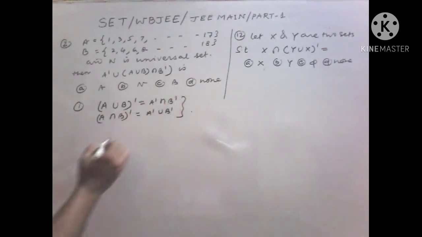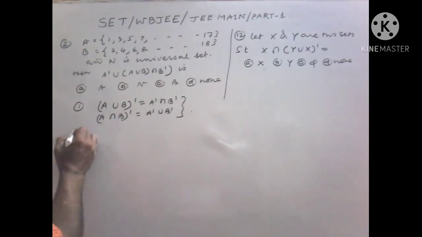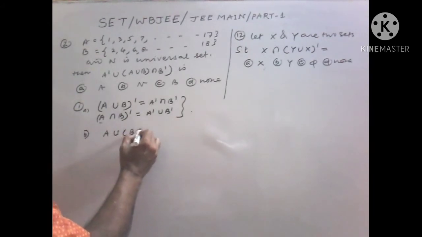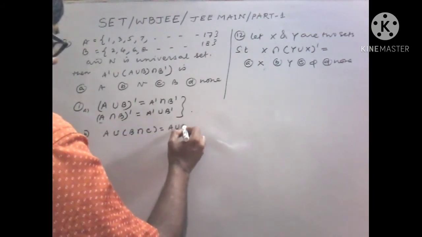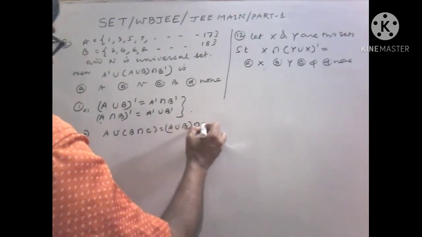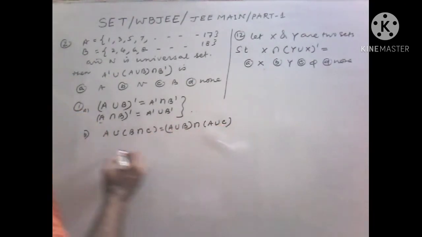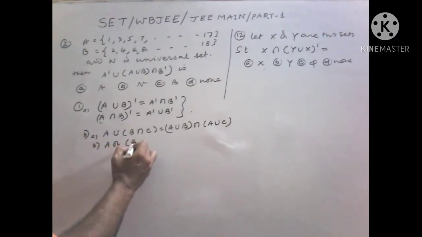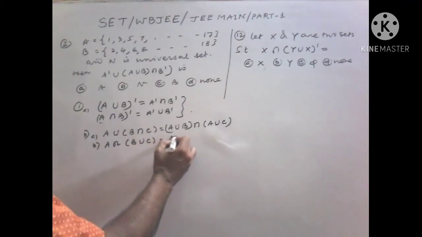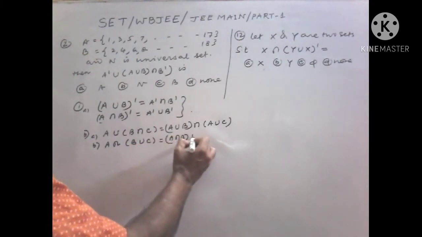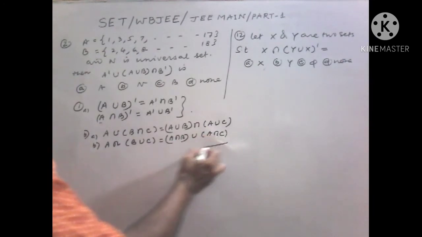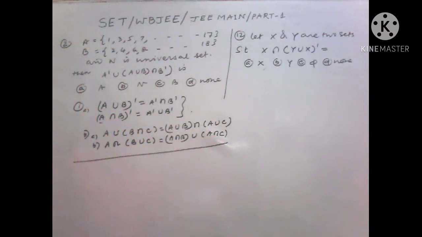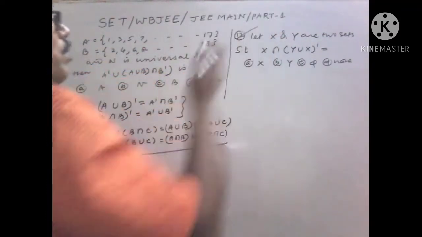This is De Morgan's law. Then the distributive laws: A union (B intersection C) equals (A union B) intersection (A union C). Then the dual property, exactly the same. So De Morgan's law and the distributive law. Now consider problem number 12.